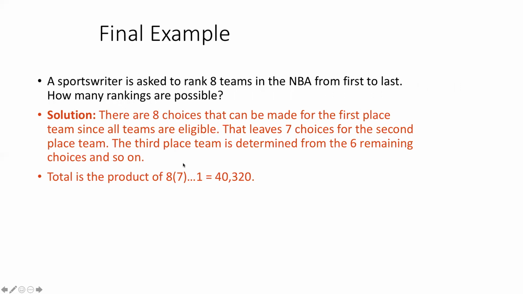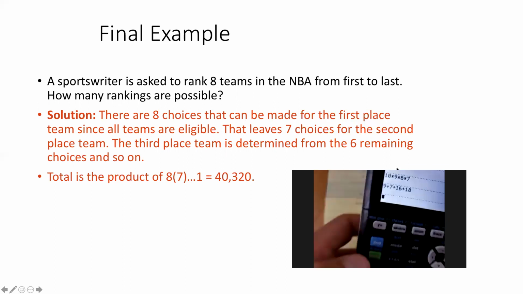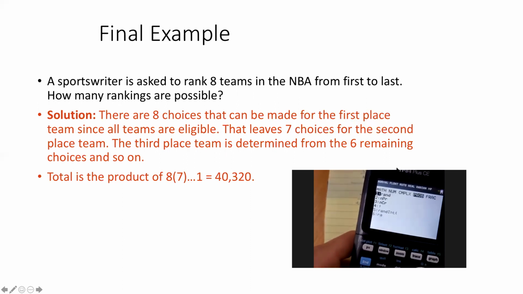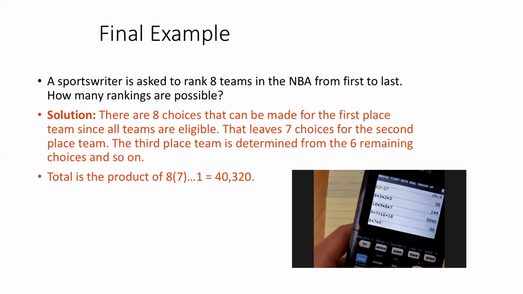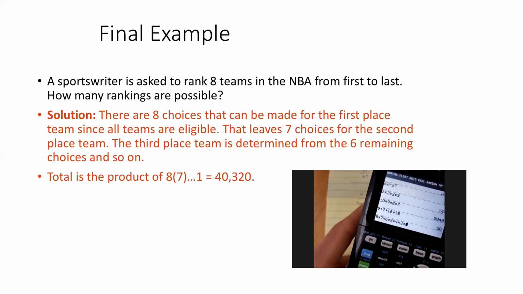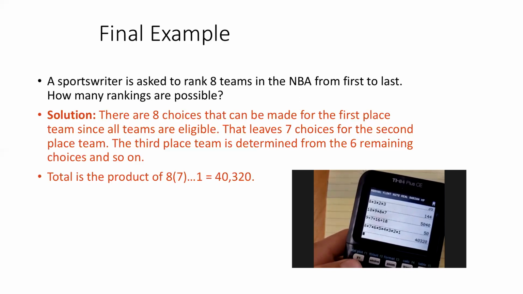And your calculator can show you this. On your calculator, you can go under math and PROB, and you'll see a factorial button like that. In this case, we want to do 8 times 7 times 6 times 5 times 4 times 3 times 2 times 1. That'll give us 40,320.